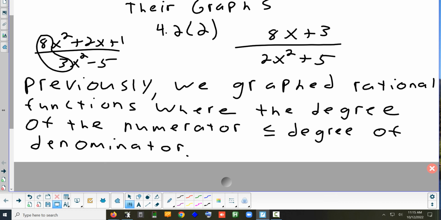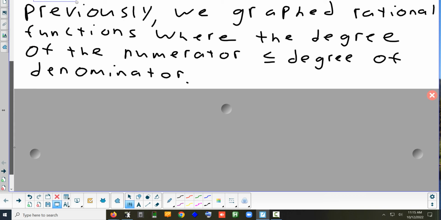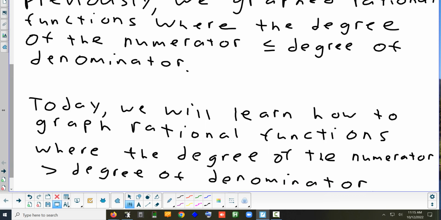Because you end up with an x in the bottom, it goes to 0. So when the degree in the bottom is bigger, you get a horizontal at 0. When they're equal, you get a horizontal asymptote at those numbers, whatever they are when you divide them. But now we're going to look at what happens when the degree of the numerator is bigger.